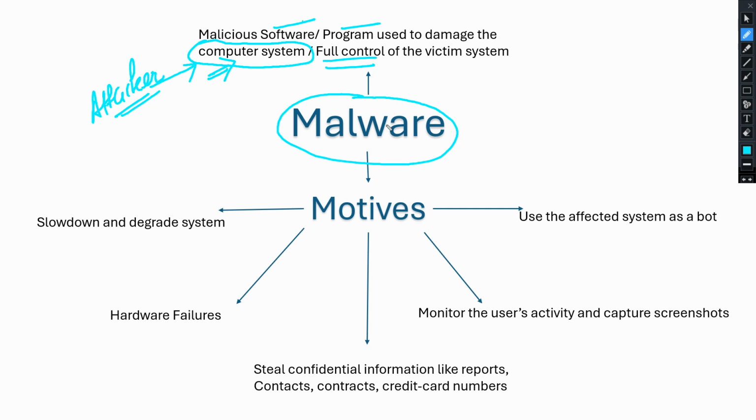It might be a program, a software, a code, anything. But it has different motives. But through malware, the attacker can take control or damage the computer system. Let's talk about the motive. Why does the attacker want to come to a particular system?